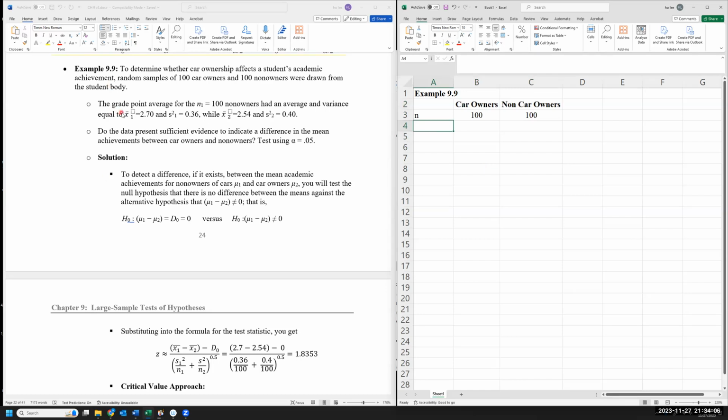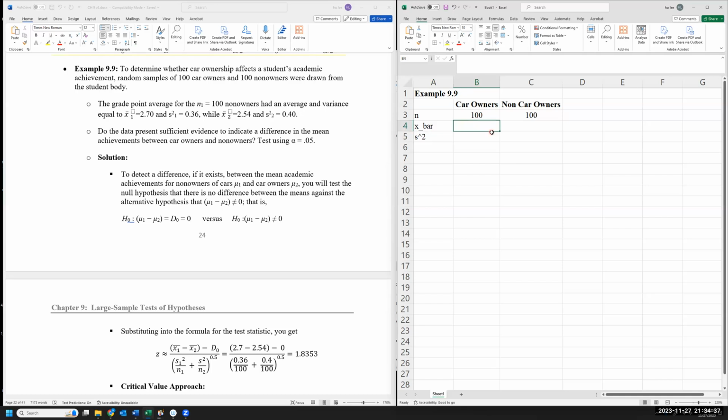When the sample is drawn, the grade point average from the non-car owners had an average of 2.70 and a variance of 0.38. So we have X bar, which is the GPA, and we have s squared. Oh, let's do small s, which is the variance.